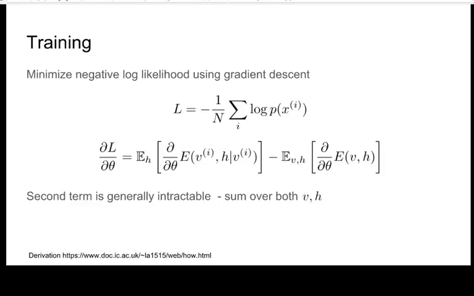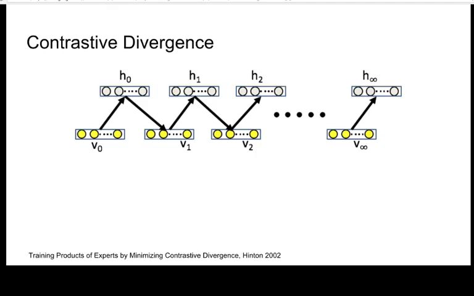I'm not getting into the math again, but this corresponds to an expectation over h of this term and an expectation over v, because you have to sum over both v and h, and the math that we have right now does not directly convert things down. So we use something called contrastive divergence.